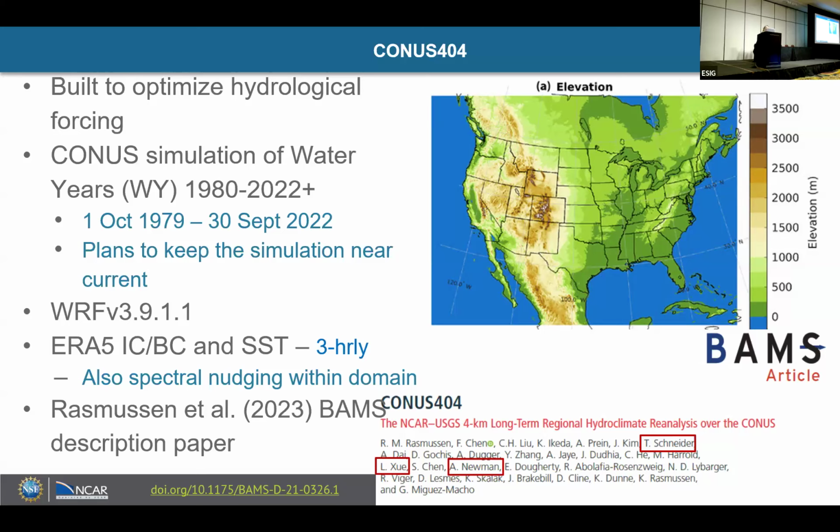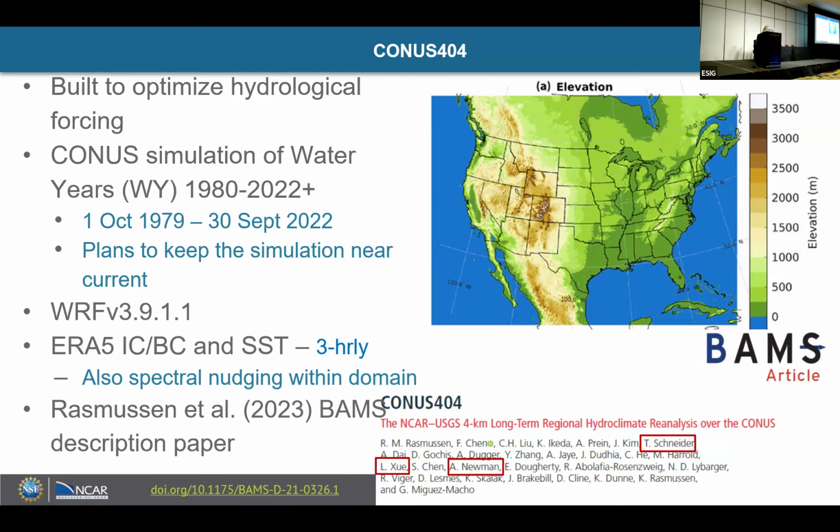And they chose the Weather Research and Forecasting model built at NCAR, used across the world, specifically version 3.9.1.1. They use the ERA5 initial boundary conditions as well as the sea surface temperature. That is available at 3 hours. They also use spectral nudging within the domain. Recall that ERA5 already is a reanalysis, so it integrates some of the best observations available in the world.